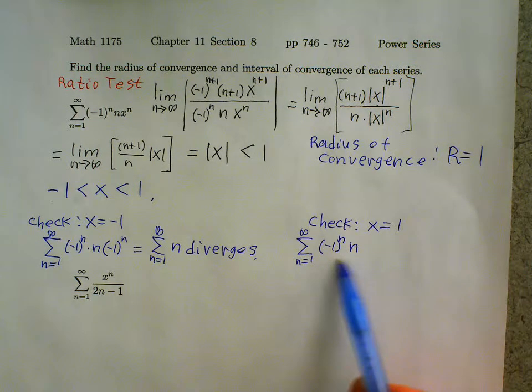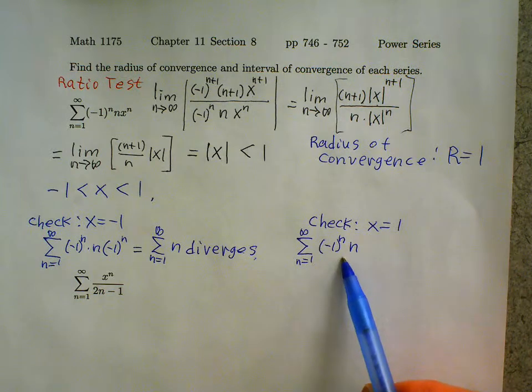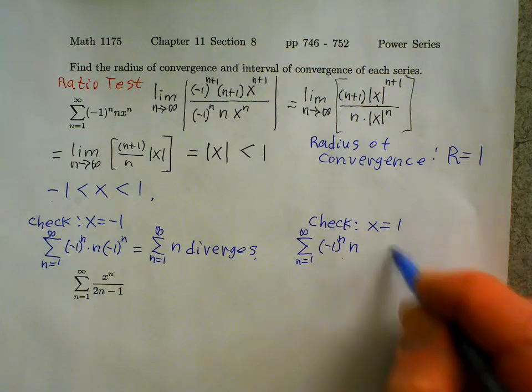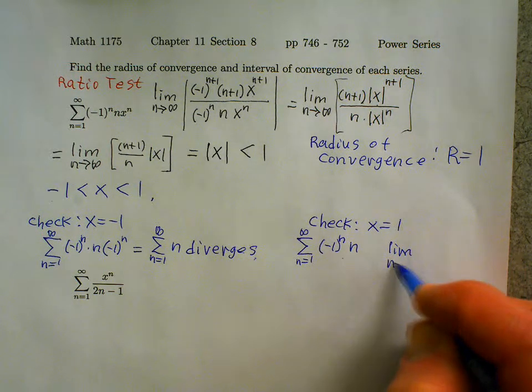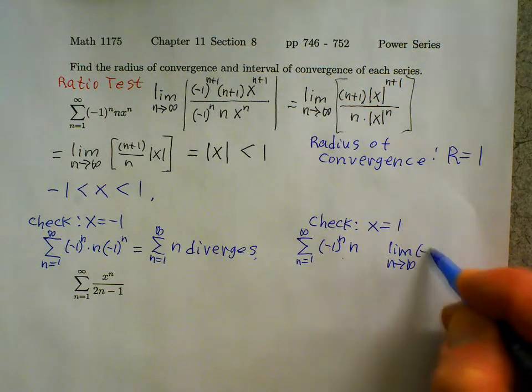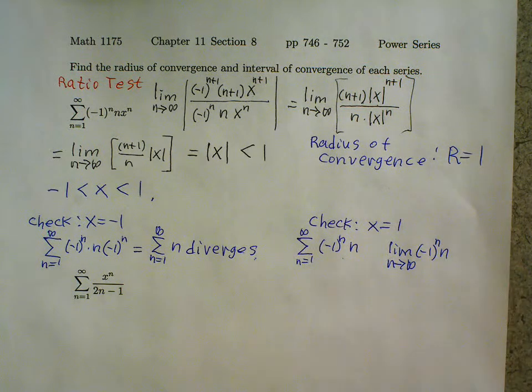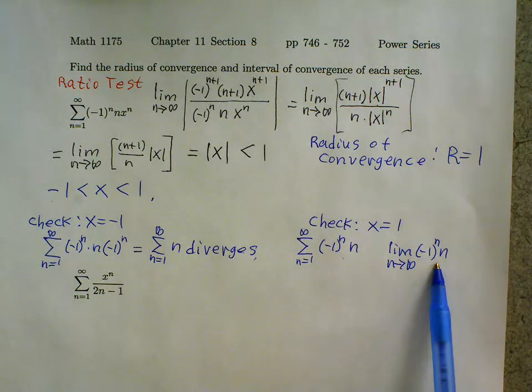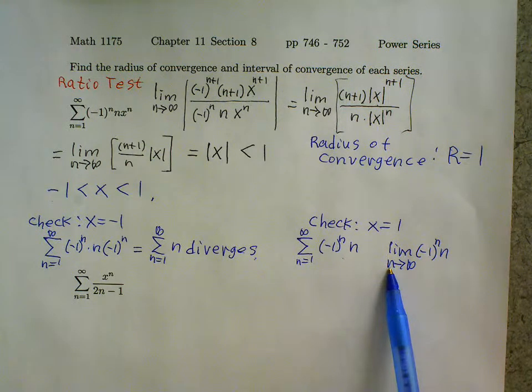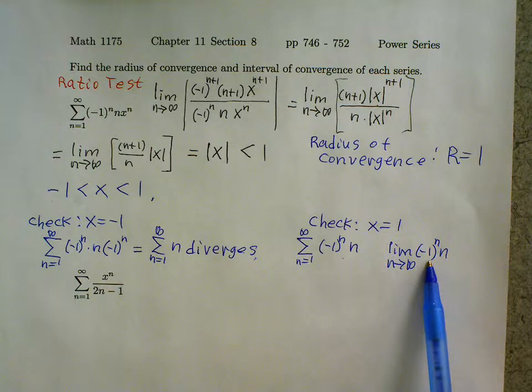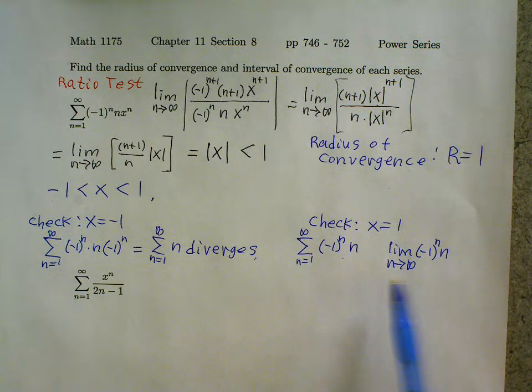Another way to do it is use the test for divergence. The limit, as n approaches infinity, of (-1) to the n times n does not exist, because for each positive integer n, the terms in the sequence go from 1 to -1, 1 to -1.